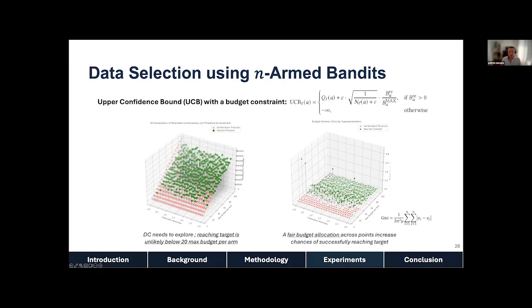But we tried a more sophisticated approach. So not just using Shapley values, but we said, okay, maybe the data consumer looks at data points like casino slot machines, and he wants to estimate the value of each data point.